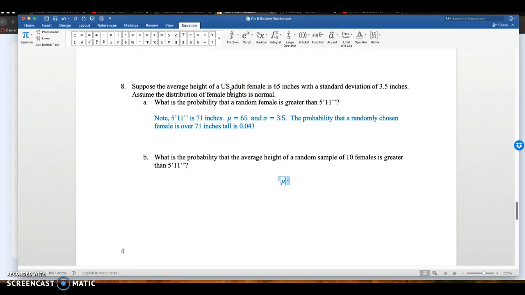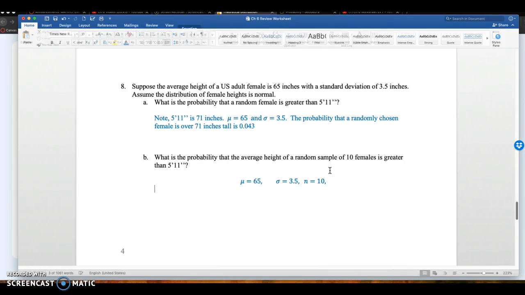So I want to note right here, we still have mu equals 65, and the population standard deviation has not changed. Sorry, it's 3.5, not 65, for the population standard deviation. But now I have a sample size of 10. So how does that change things?